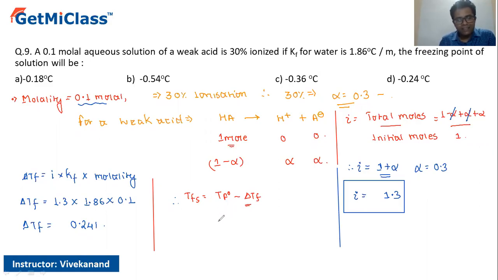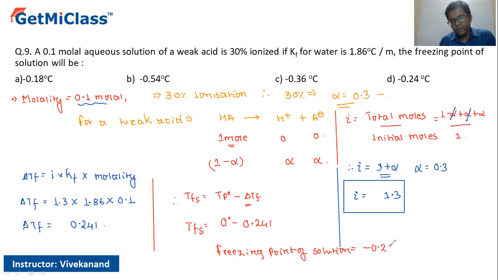Tf naught, the freezing point of the solvent, is going to be 0 degrees. So 0 minus 0.241 is Tf, nothing more than the freezing point of the solution. So the freezing point of the solution is going to be equal to minus 0.241. Therefore the answer here is going to be option D.